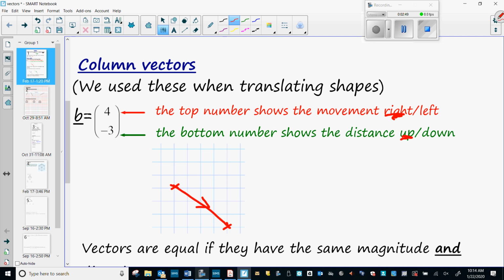If I didn't have the arrow, it wouldn't be complete, because as I've said, vectors have direction. This line could have been drawn from this point to this point, so I have to show that I started at this one and finished at that one. So that's the movement 4, -3.